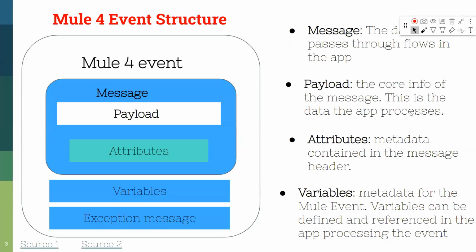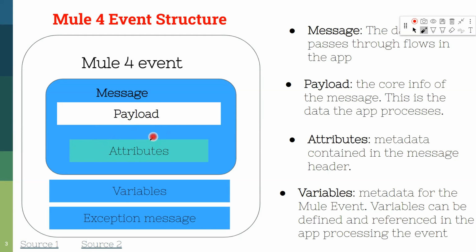If you remember, when we started, I think this was in week 3, we talked about the Mule 4 event structure, and we said a Mule 4 event has a couple of components. One is the message, and under the message, we have a payload and attributes. We have been working with payload and attributes multiple times by now. So you know what payload and attributes are.